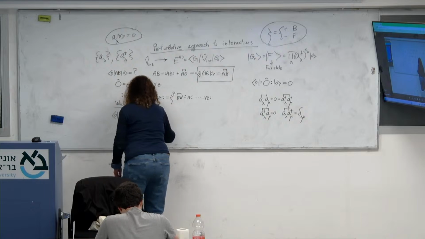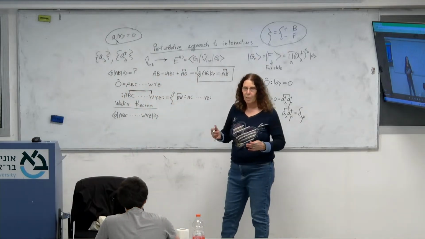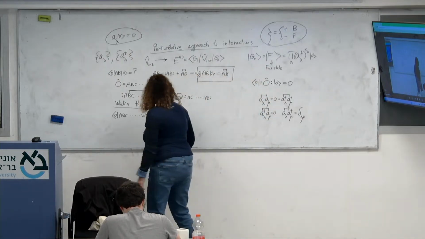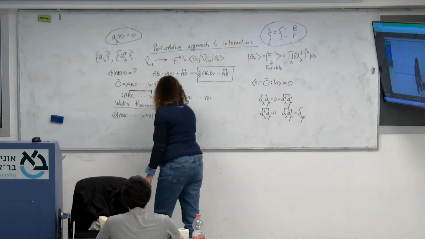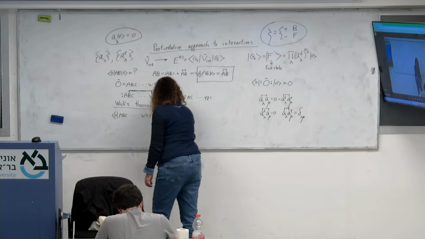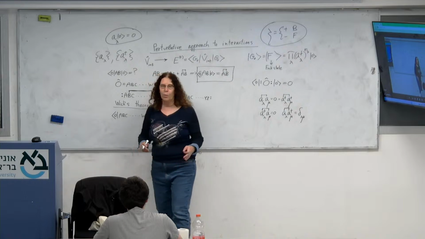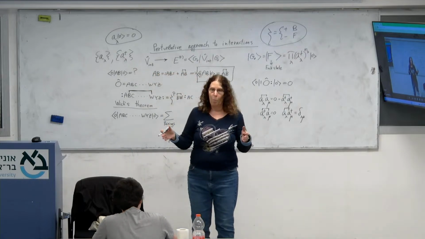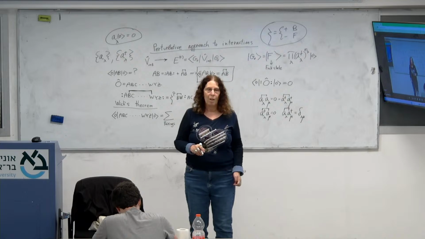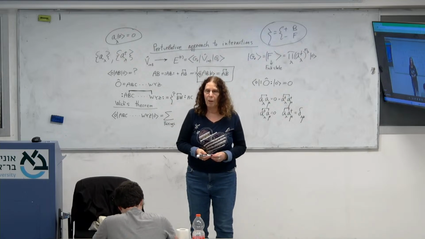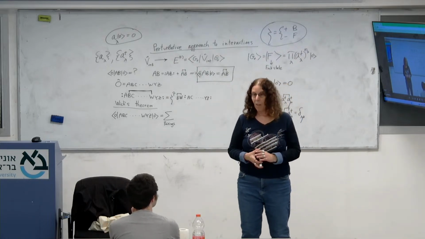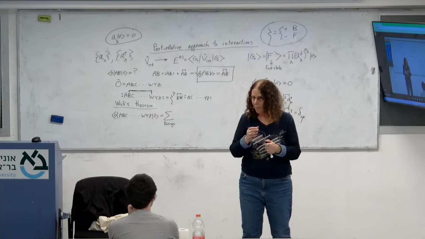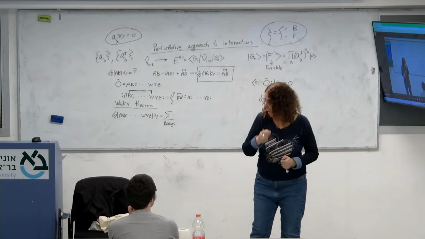Okay? So Wick's theorem tells you the following, that the vacuum expectation value of an arbitrary string of operators, A's and A daggers, of course, is given by a sum over pairings. Okay, so you have to divide the string into pairs, and there are various ways to do it, right? If you have 4 or 6, you have many possibilities, okay?